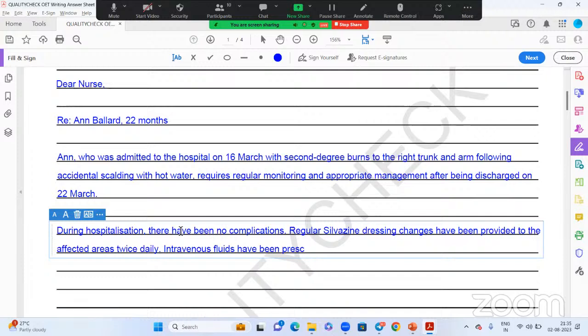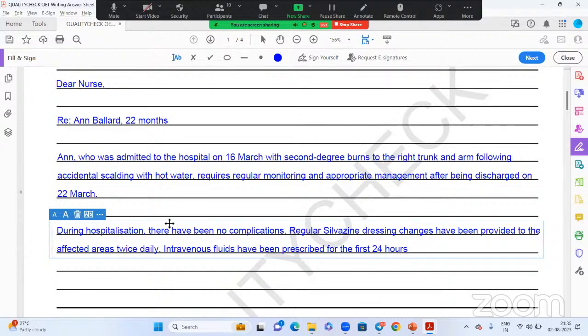The condition has been effectively managed by intravenous fluids for the first 24 hours. Many different ways you can write. Have been prescribed for the first, on the first day, for the first 24 hours, during the first day.